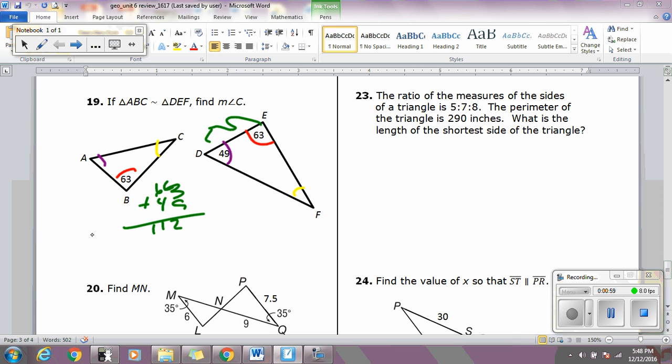And take that away from 180, which would give me 68. So F is equal to 68. And now that I know F, I know C. So the measure of angle C is also going to be 68.